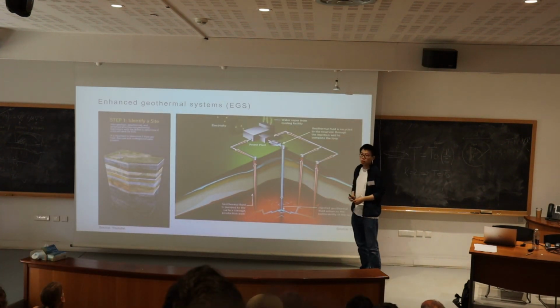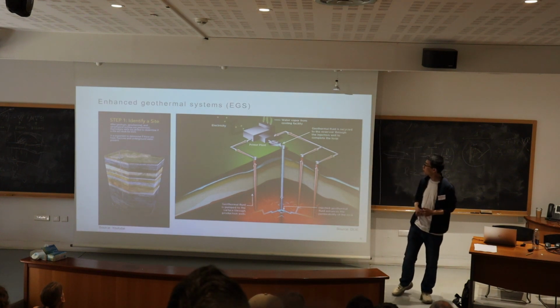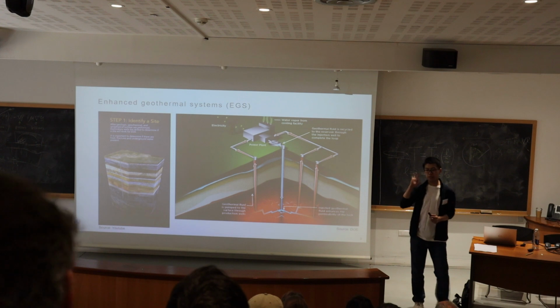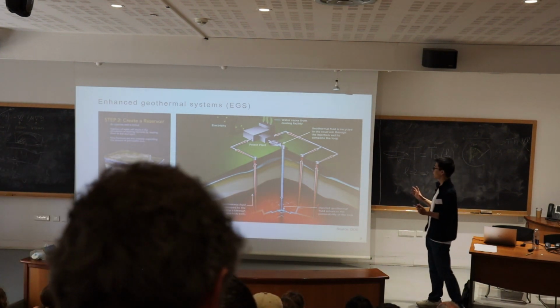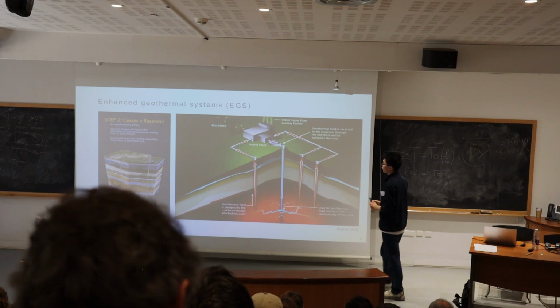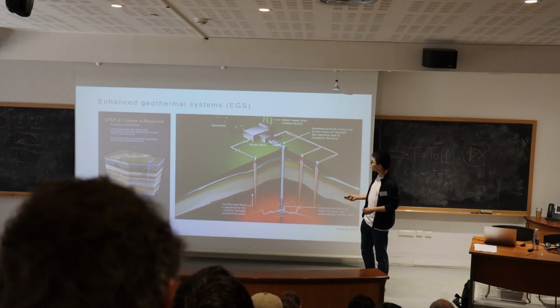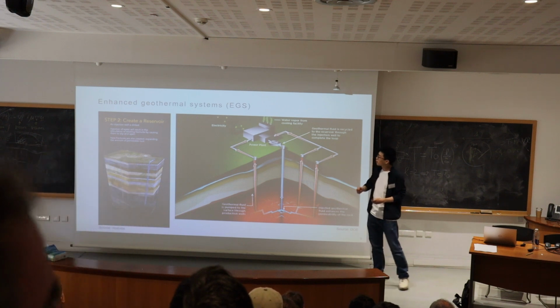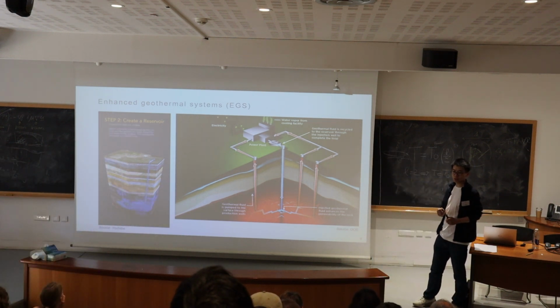The creation and use of an enhanced geothermal system includes mainly three major steps. First, we identify a preferred reservoir, and then we create an injection well into it, and we inject very high pressure fluid.